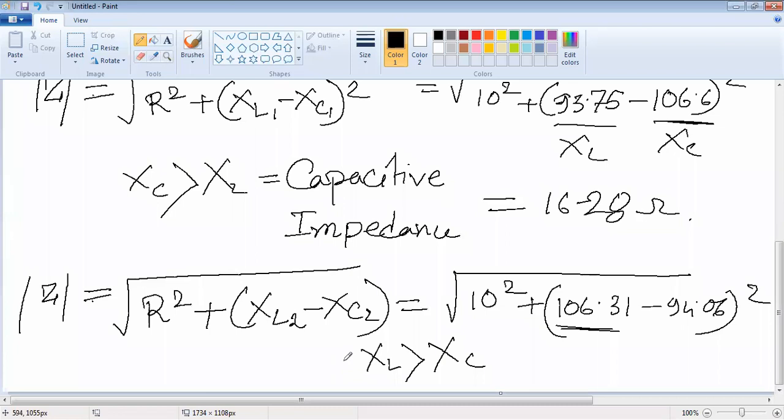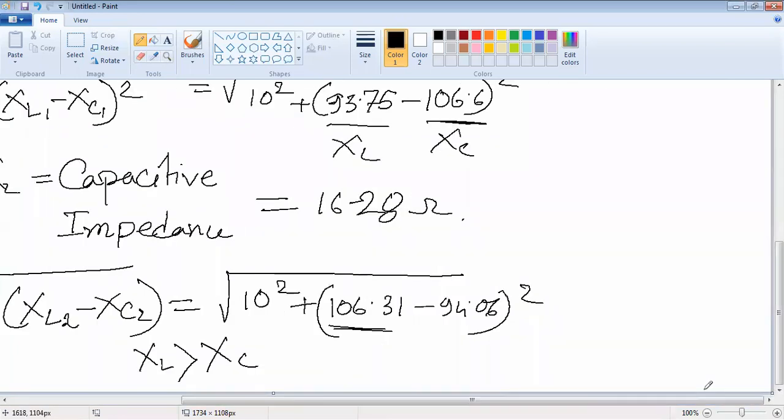Now XL greater than XC. So this is called inductive load. This is called inductive impedance.